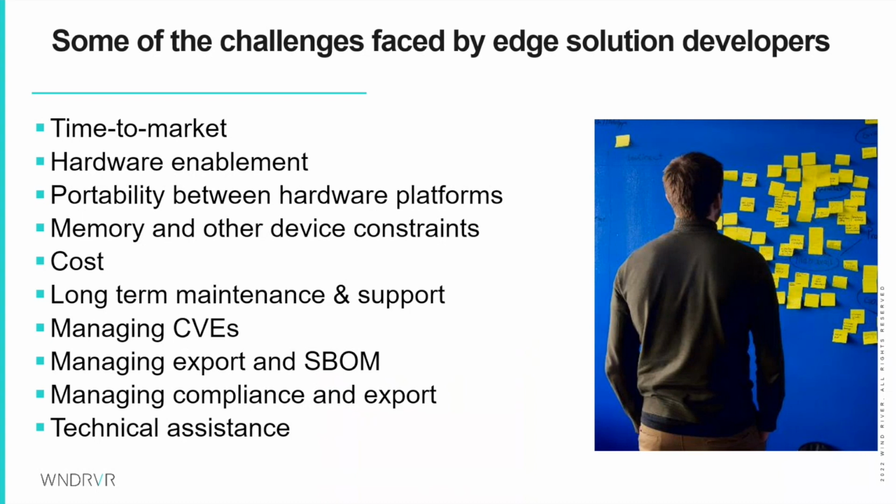Cost is one of the big factors. It's one thing if you're deploying, say, 100 enterprise machines, but if you're developing and deploying 10,000 devices out on the edge, you need to have a cost structure such that what you're paying for your operating system and other capabilities doesn't overwhelm the value that you can deliver to the edge.